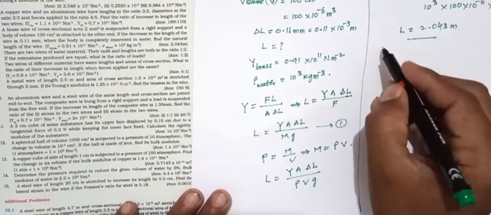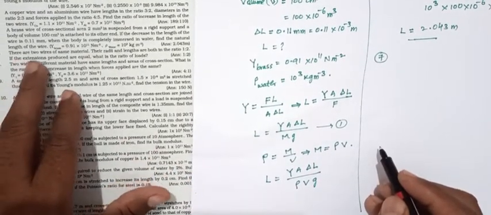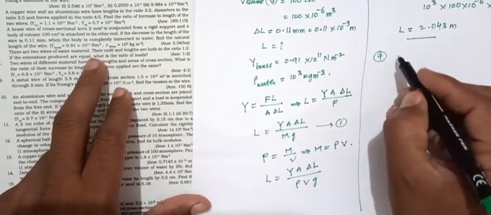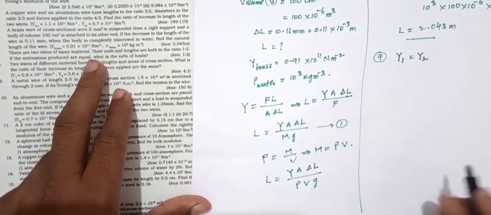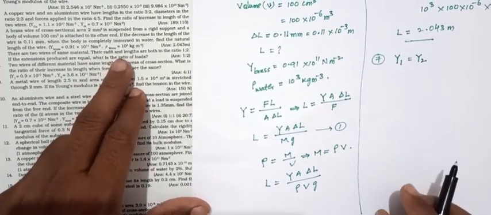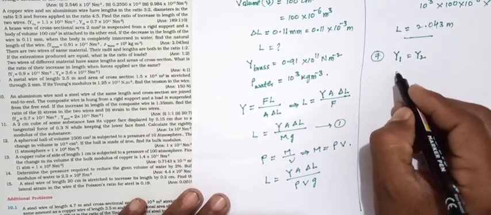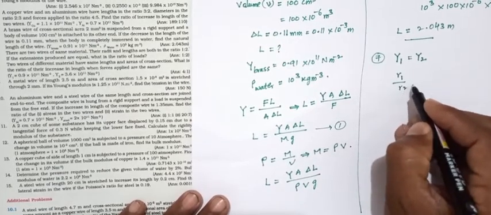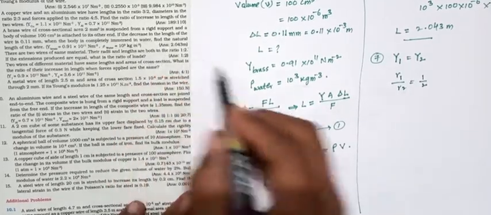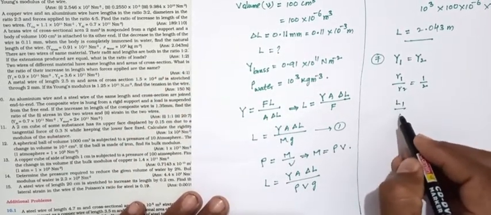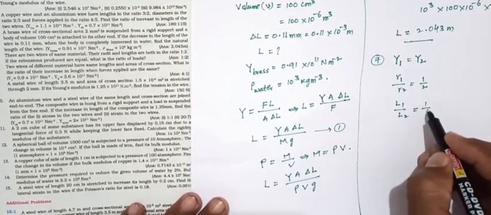So next we will discuss the seventh problem. There are two wires of the same material. Same material is nothing but Young's modulus are the same. The radii and lengths are both in the ratio 1:2. So radius R1 by R2 equals 1/2 and lengths L1 by L2 equals 1/2.